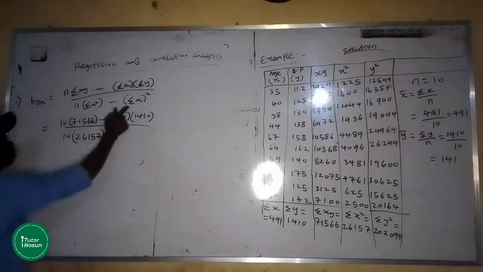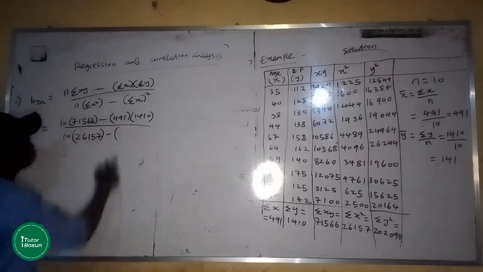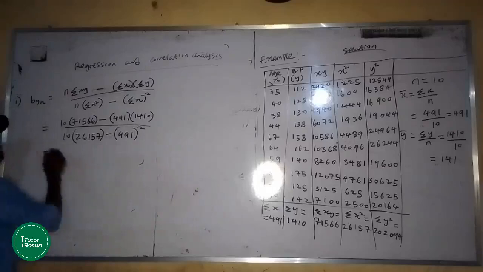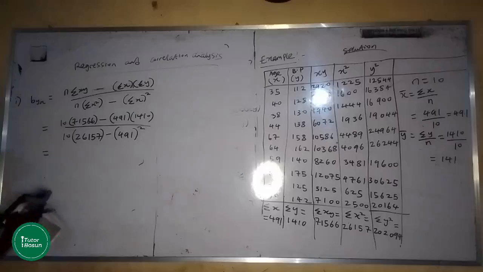26157 minus the square of summation x. Summation x, which is 191, square of it. So let's do that very well. That should be giving you 10 into 71566 minus 491 into 1410, divided by 10 into 26157 minus 191 squared.